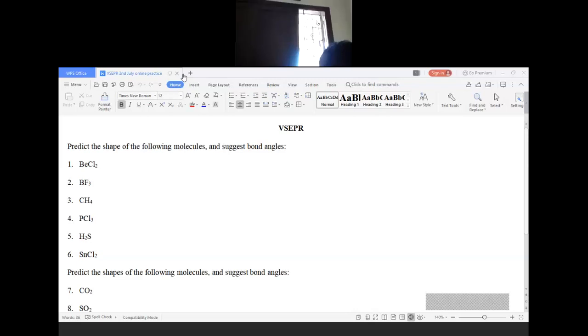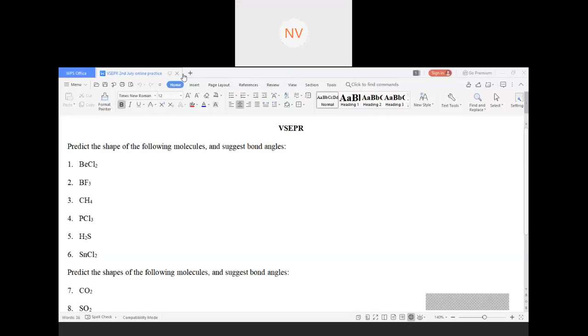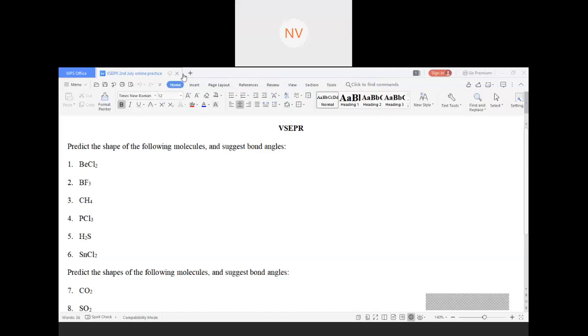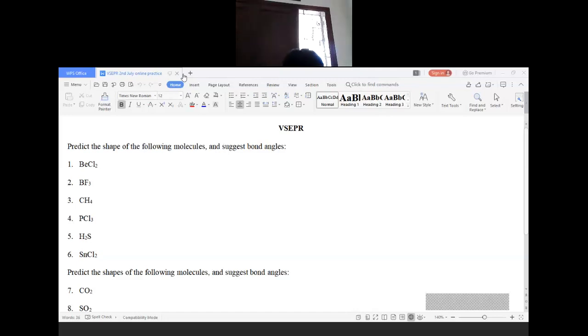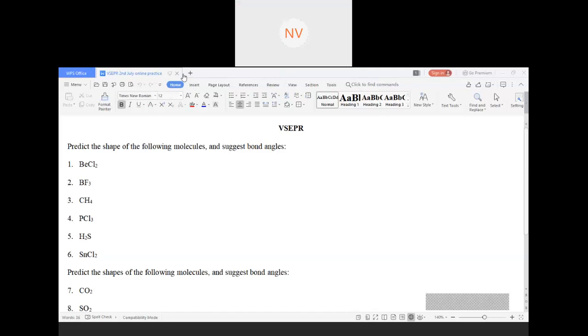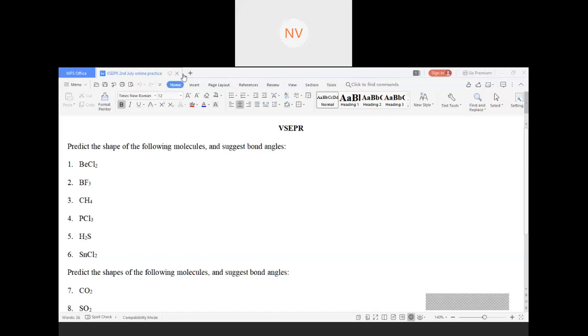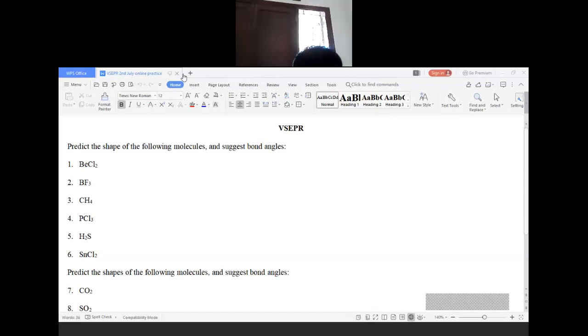So how many bond pairs? We will have 2 bond pairs. How many lone pairs? 1. So what is the bond angle? The bond angle will be around, wait, let me draw it first. Let's say, I think 108 degrees. What is the shape? The shape is a triangle. Is the shape triangle?